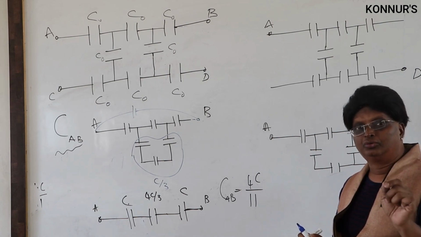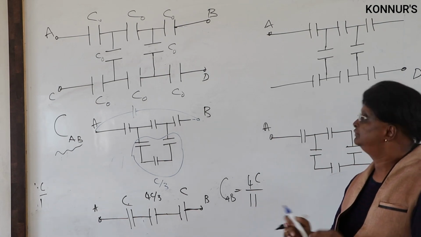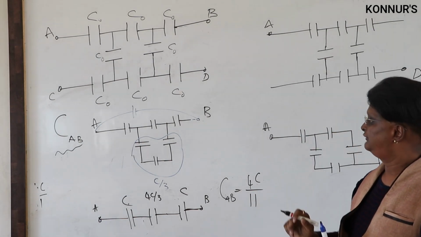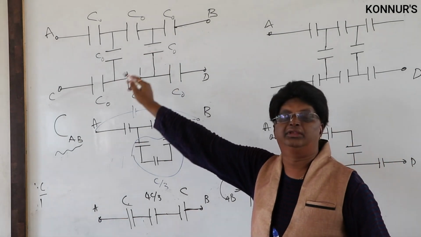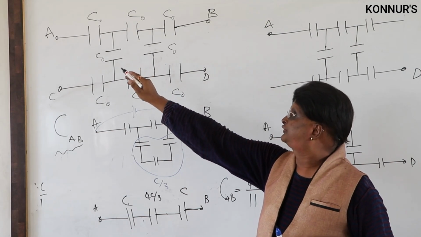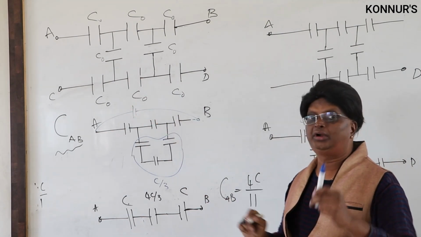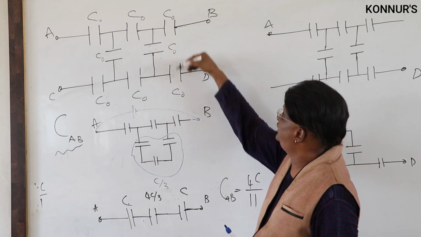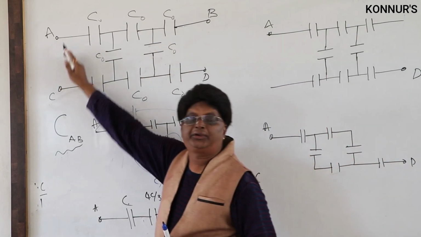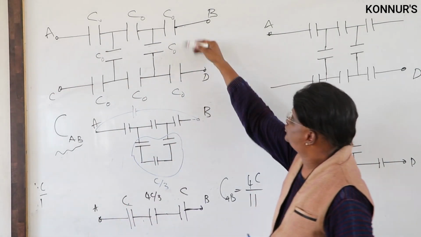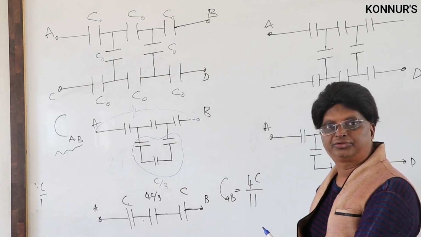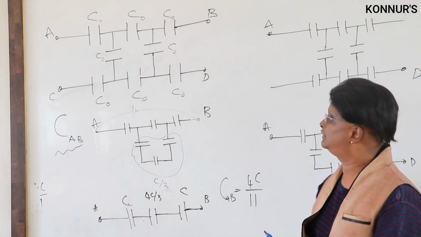Now I ask you to change the open terminal. Supposing instead of AB, if I ask you to find the capacity across A and C in the same figure, then what happens? You tell me. If it is connected across A and C, these two capacitors will be in open circuit, no charge or no PD across them.